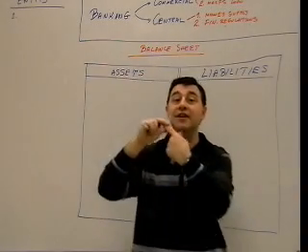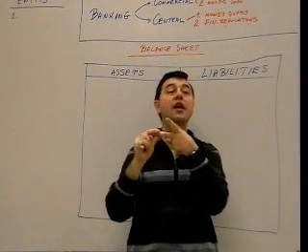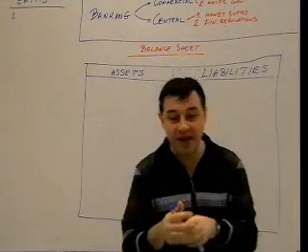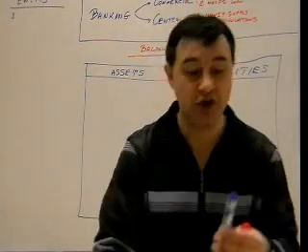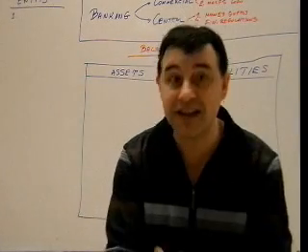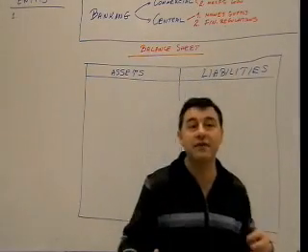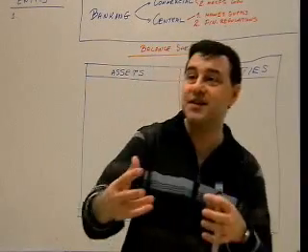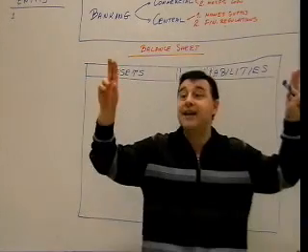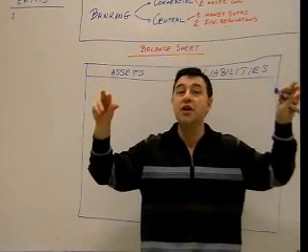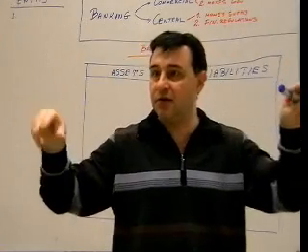Here's a keyword: tangible or intangible. Tangible means something that can be touched, seen, felt, and physically used. Intangible is something more of a right. You can't really see it or have it, but like a trademark, like a patent, okay?